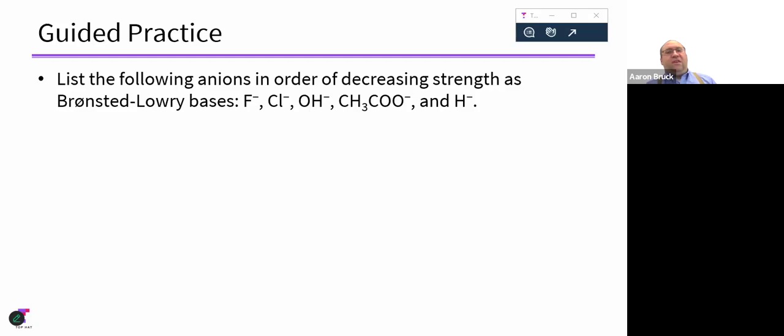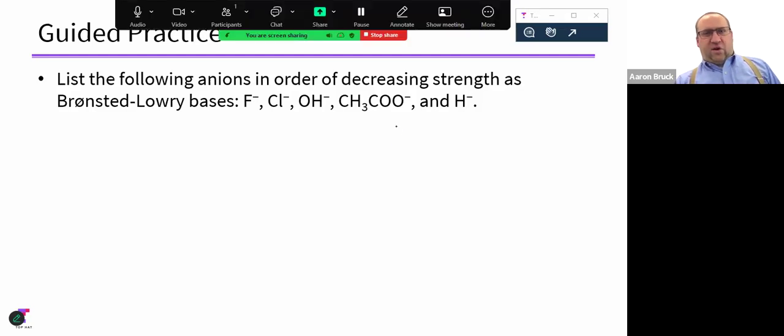So with these in mind, then, let's list out these ions in order of decreasing strength as far as base behavior goes. And so we're looking for fluoride, chloride, hydroxide, acetate, and hydride.